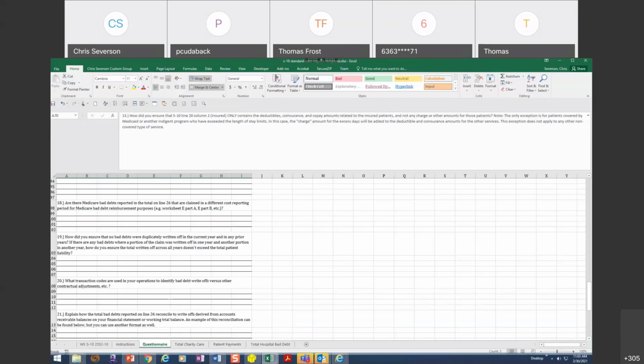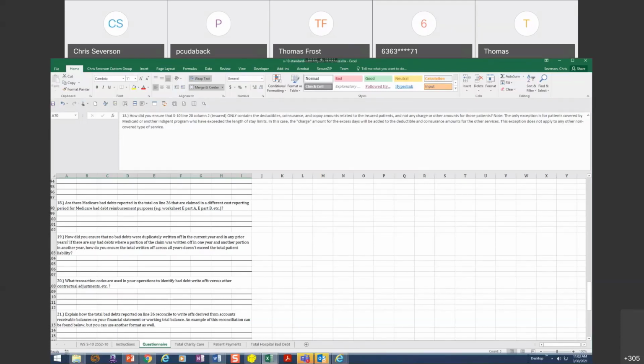Yeah, if you make an adjustment in your financial accounting systems to charity care, and it's kind of a revised write-off in this current year, or in the year under review, I should say, then yes, that would be in this listing as well.